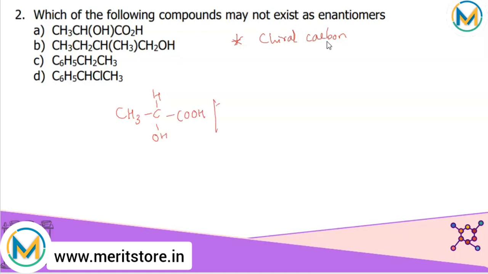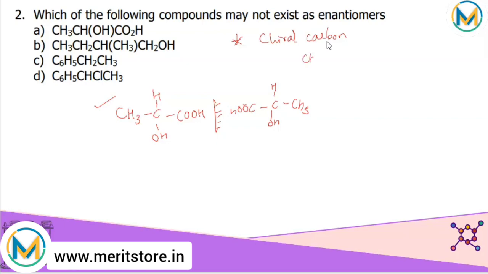So we can form the mirror image, which has COOH, CH, OH and CH3, and thus they are mirror images of each other and it can form enantiomers. If we look at this molecule, this is also similar to this one.